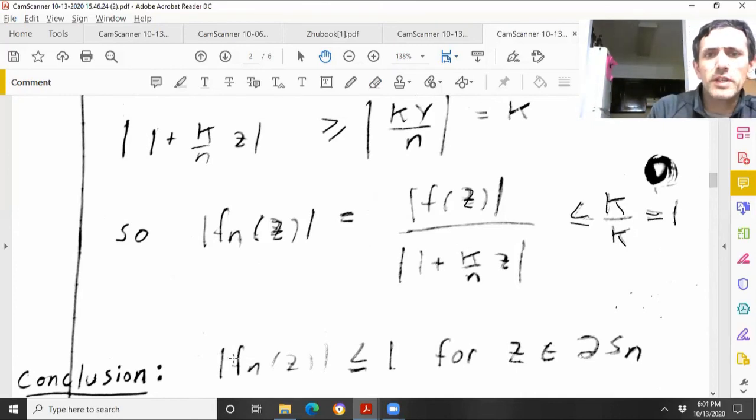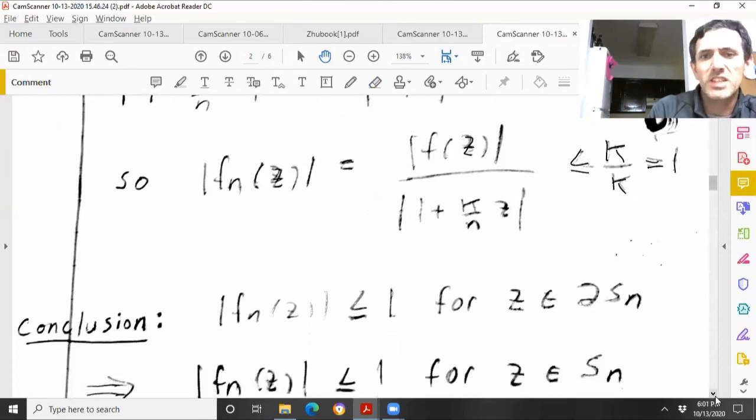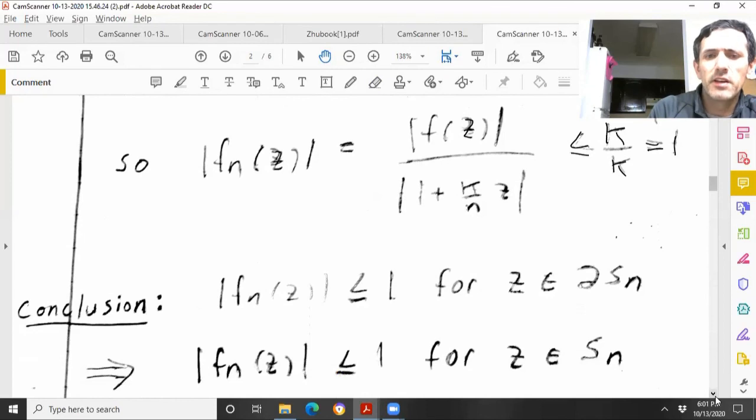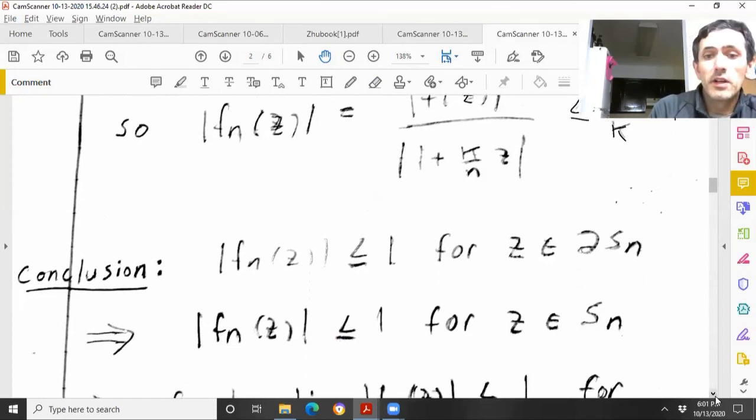On the boundary, Fn is bounded in modulus by 1, so by the maximum modulus principle, inside Sn, Fn is bounded by 1.